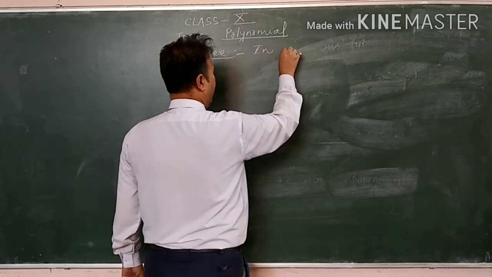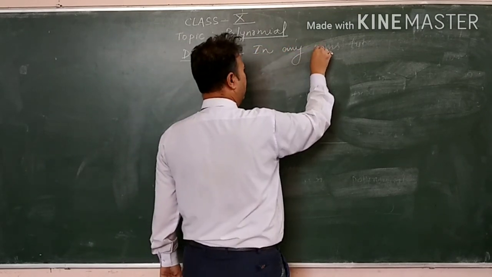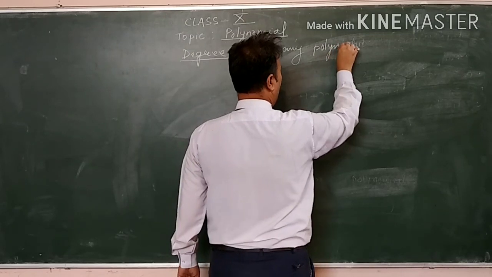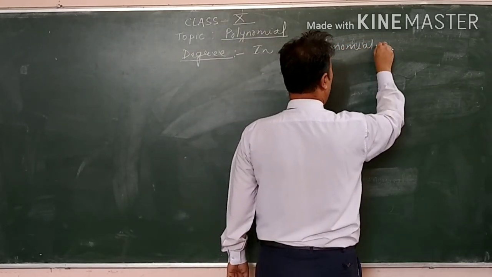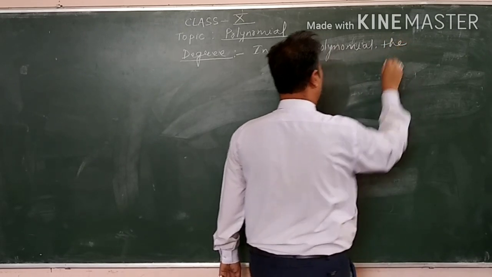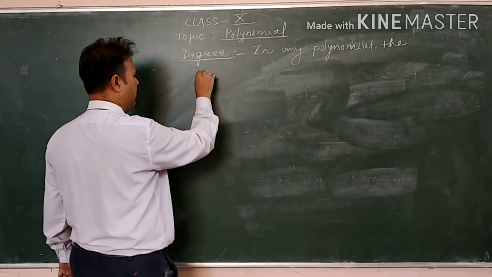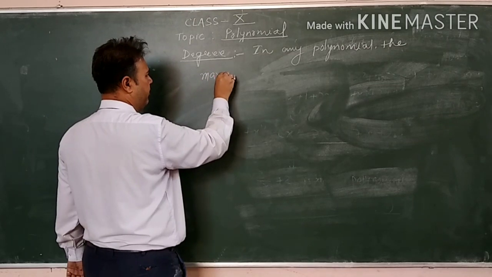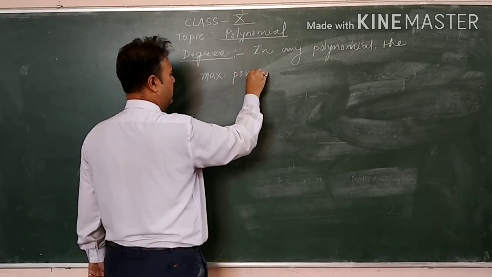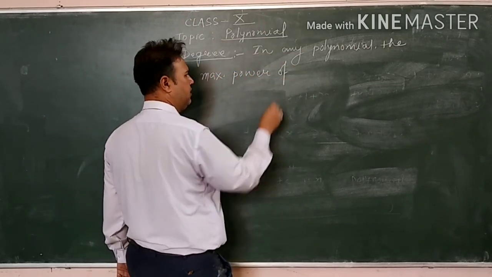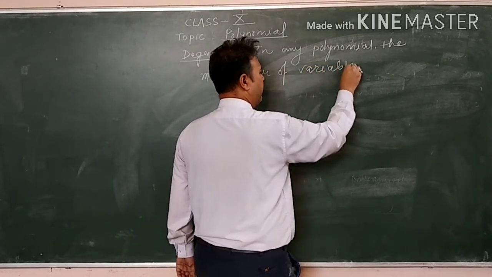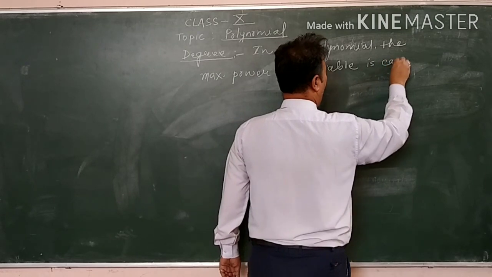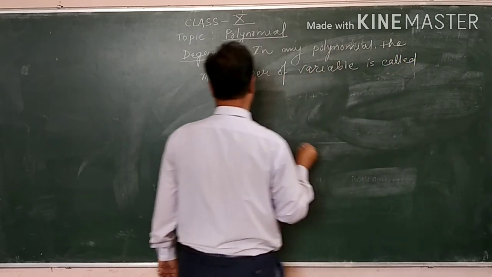In any polynomial, the maximum power of the variable is called the degree.